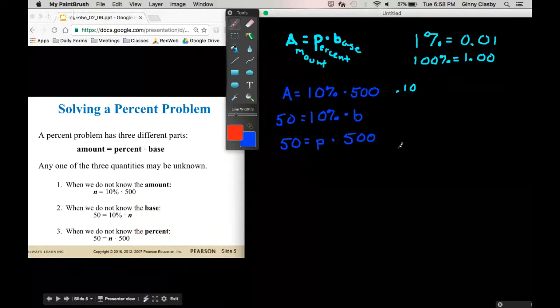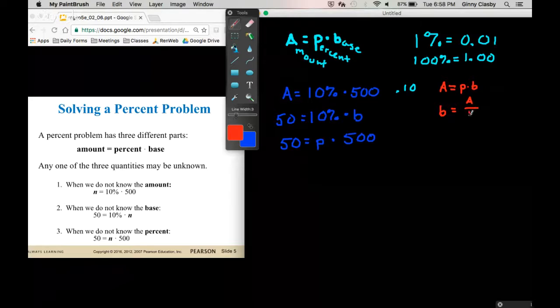Another way that you can write this, and this is what I would suggest doing, is to write these out in formulas now. So when you have your amount equals your percent times your base, what do you do if you're trying to solve for base? Well, to get the B by itself, you would divide both sides by that percentage.